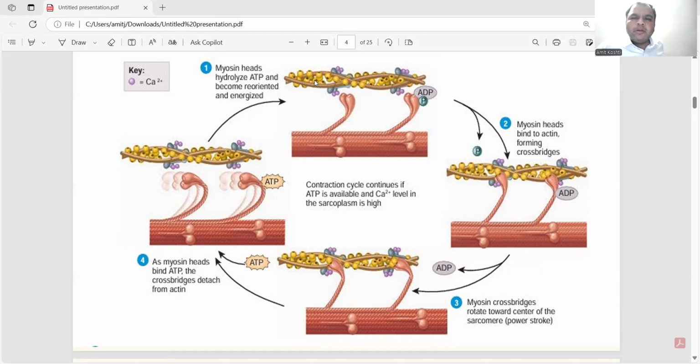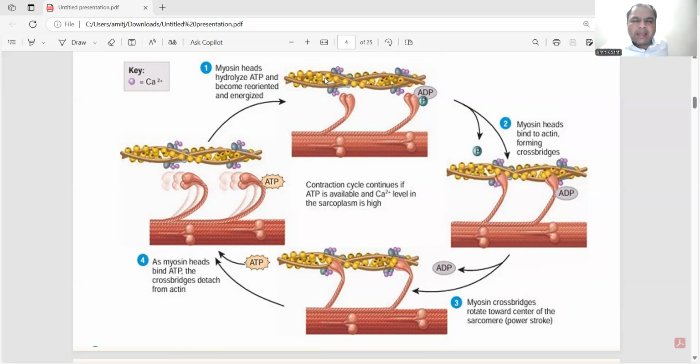Many actin molecules unite to form the thin filament, and this thread-like structure that is a little darker yellow is the tropomyosin complex. What does it do? The tropomyosin complex hides the myosin binding site of the actin molecule.